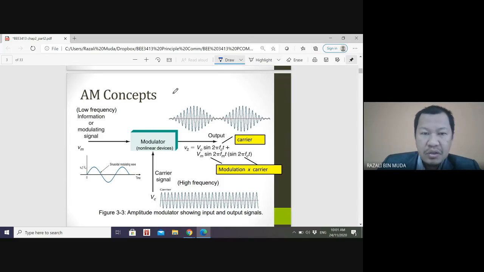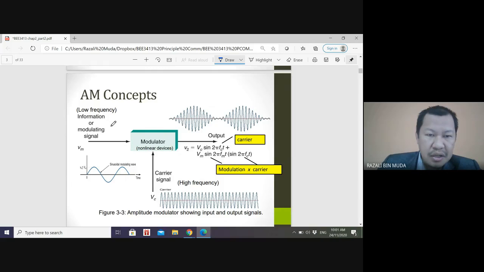As you know, the modulator is a device that does the AM modulation process. So in AM modulation process, we have two signals. One is the modulating signal, also known as information signal.